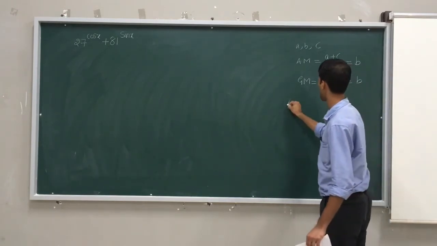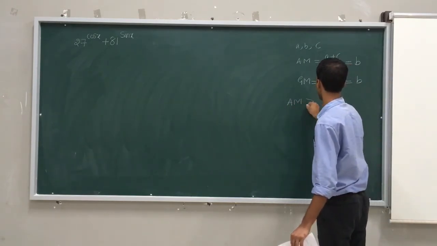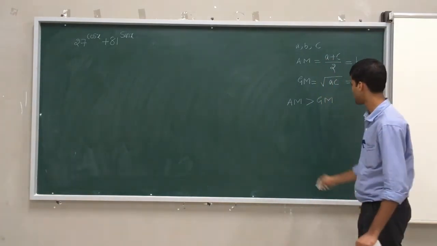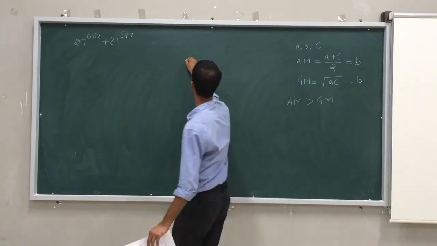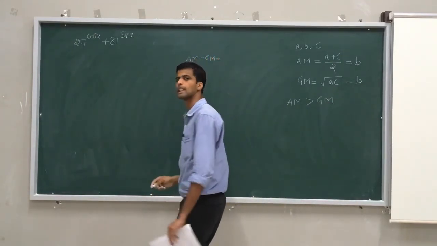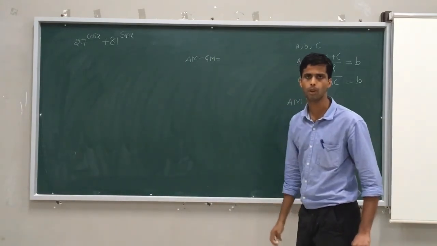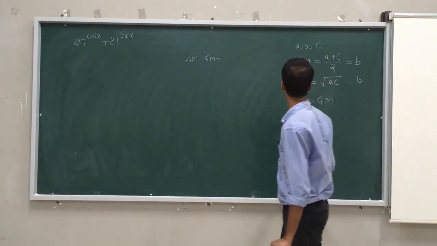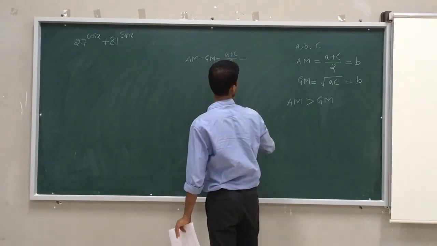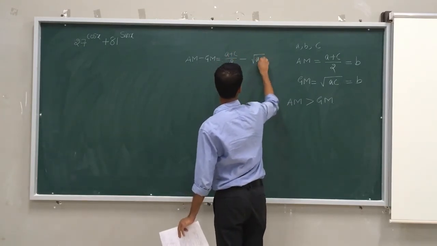And always keep in mind, arithmetic mean is greater than geometric mean. Why? You just consider arithmetic mean minus geometric mean. That you will study later, and some students may have studied it. The arithmetic mean is a plus c by 2, minus the geometric mean, root ac.